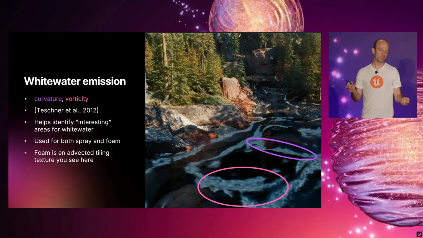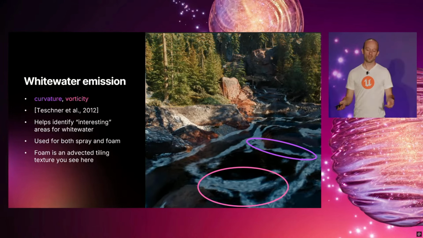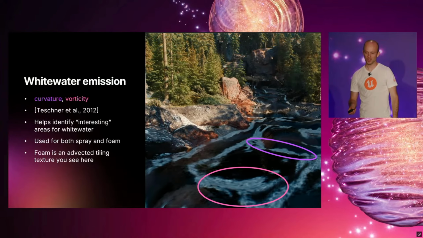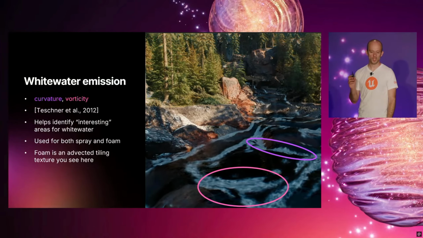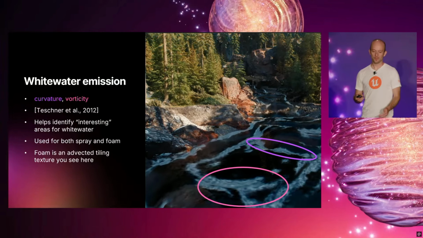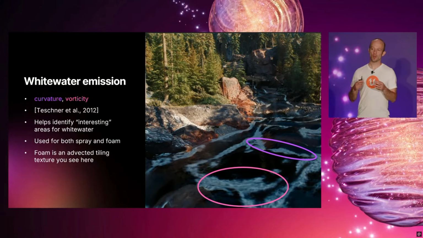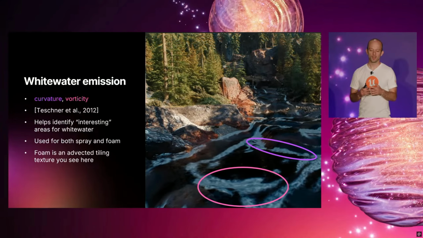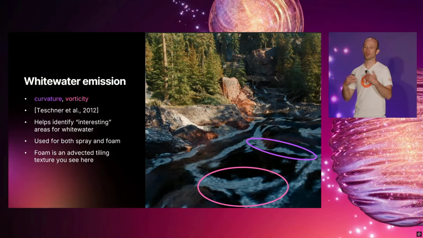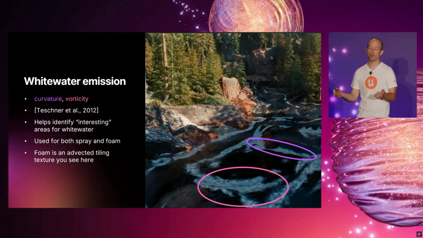So foam is just another texture. It's no different than the water surface detail, it just lays on top of the surface. And the question is, where do you put foam? Well, a pretty common technique is you derive different quantities from the fluid velocity field and use that as your emission criteria for this foam mask.